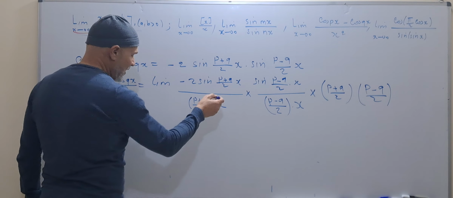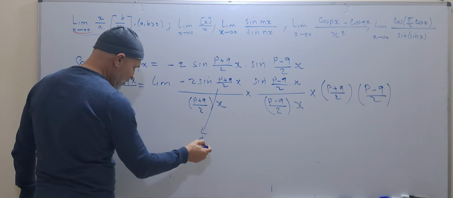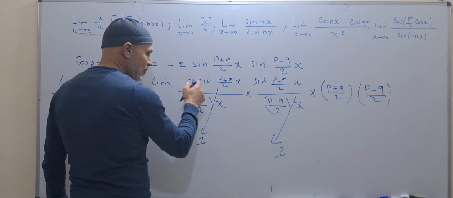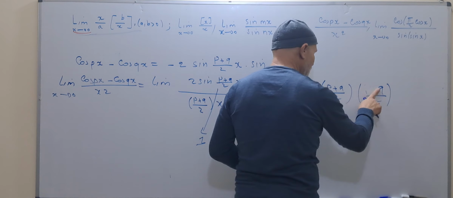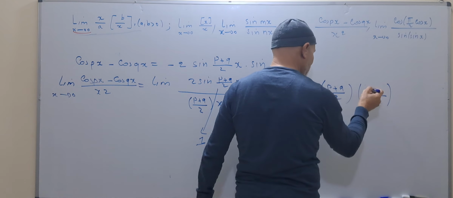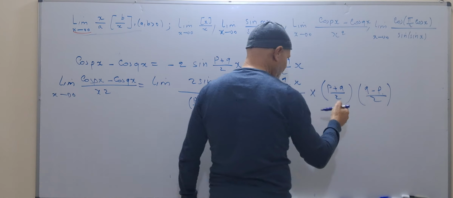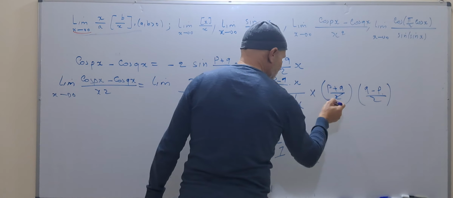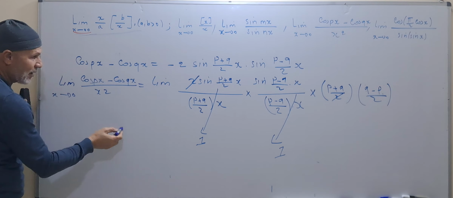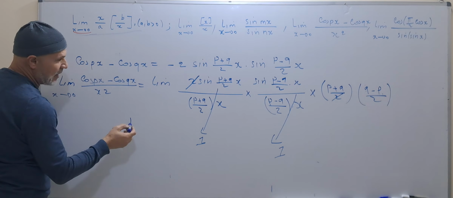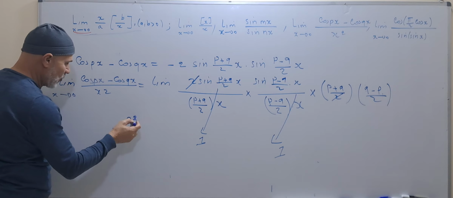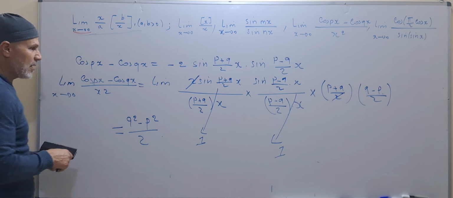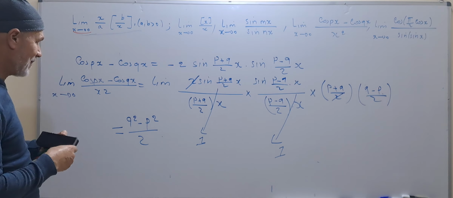When x goes to 0, this goes to 1, this goes to 1, and we have here minus 1. This means that here we have q minus p, and here we have 2, which will be a constant with this. So the limit is actually (q squared minus p squared) over 2. This is about this limit.